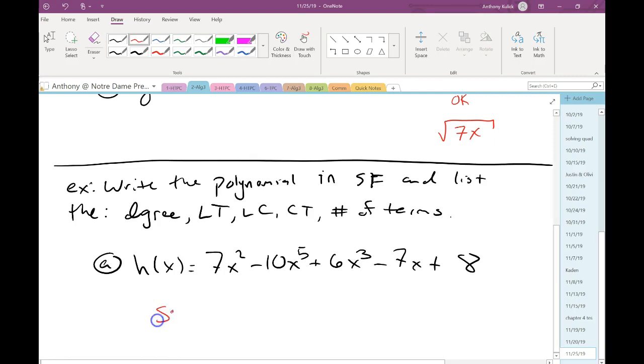So let's do the standard form part first. When we write this polynomial in standard form, what's the first thing that we need to write?